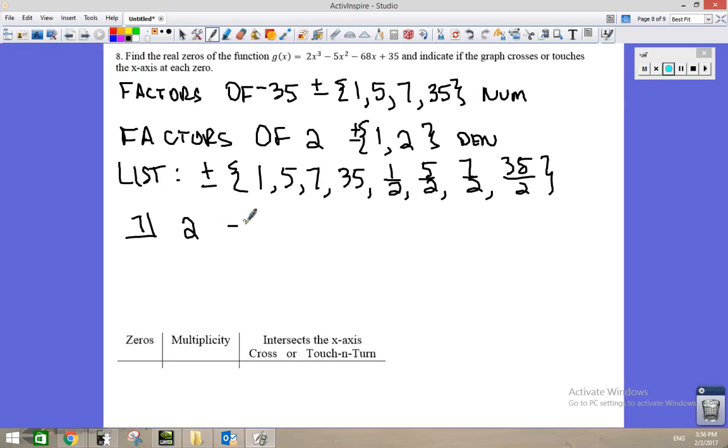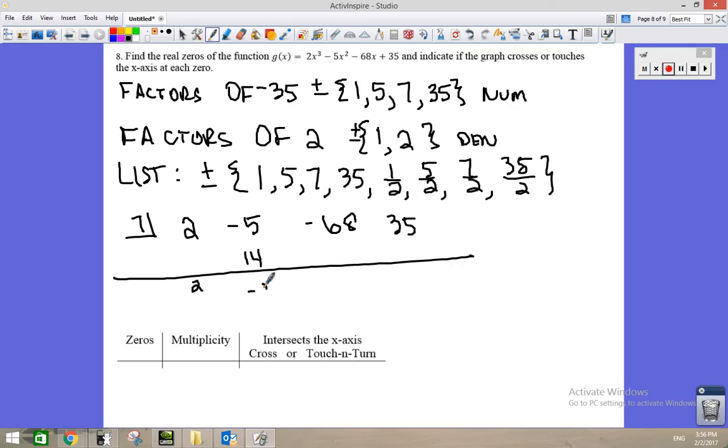So I've got 2, negative 5, negative 68, 35. The 2 comes straight down. Oops, almost. 14 minus 5, 9.